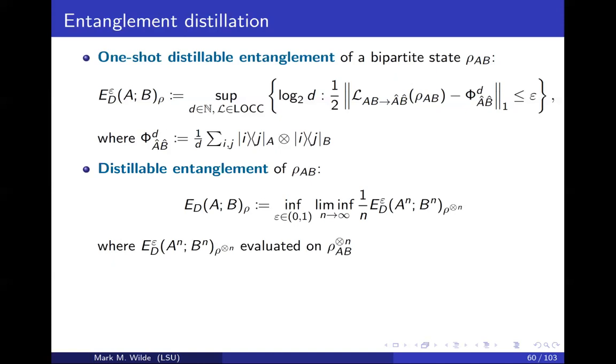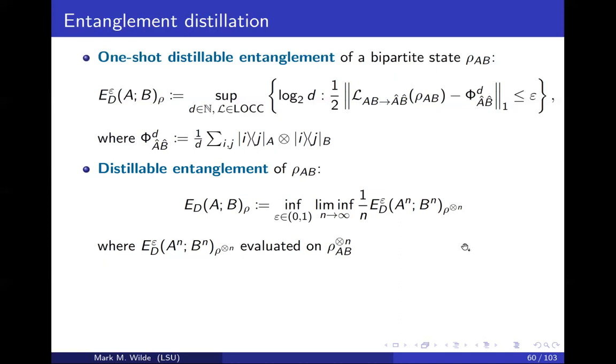The distillable entanglement is an asymptotic quantity, okay? So what we do is we take n copies of a bipartite state, we evaluate the one-shot distillable entanglement, but now we're interested in the rate at which you can extract ebits per copy of the state. So this E is the number of ebits, log base 2 of d, and then per copy, 1 over n.